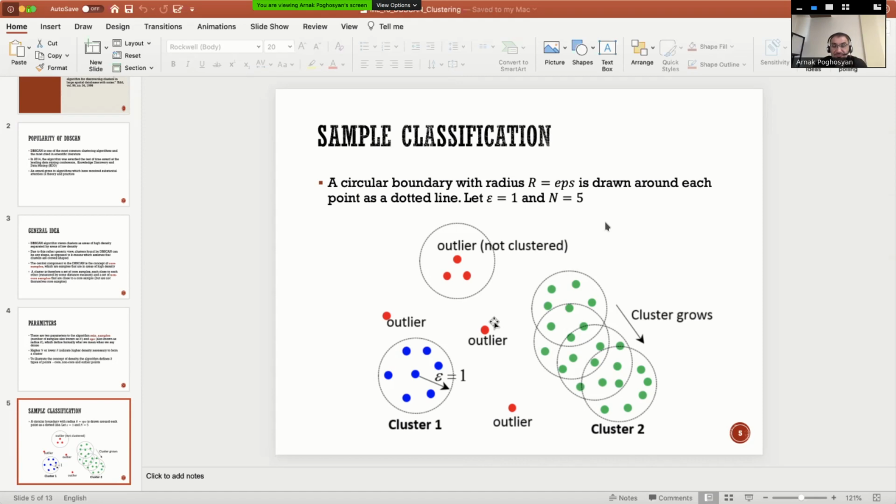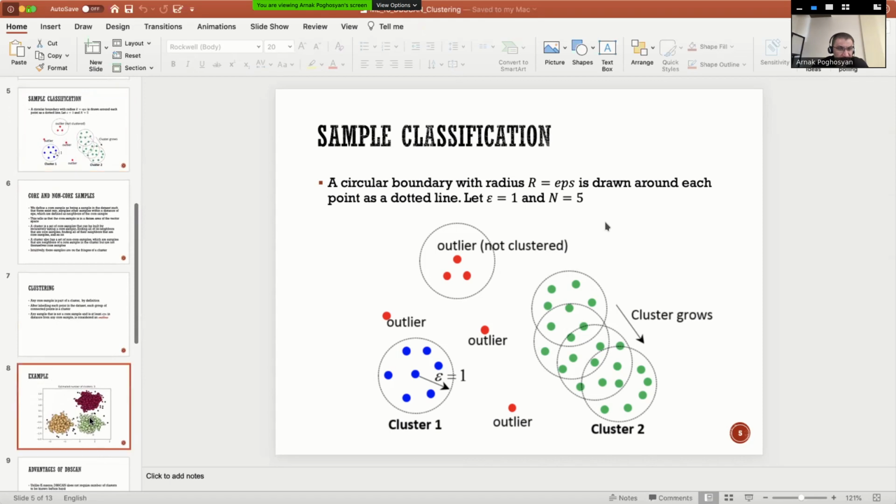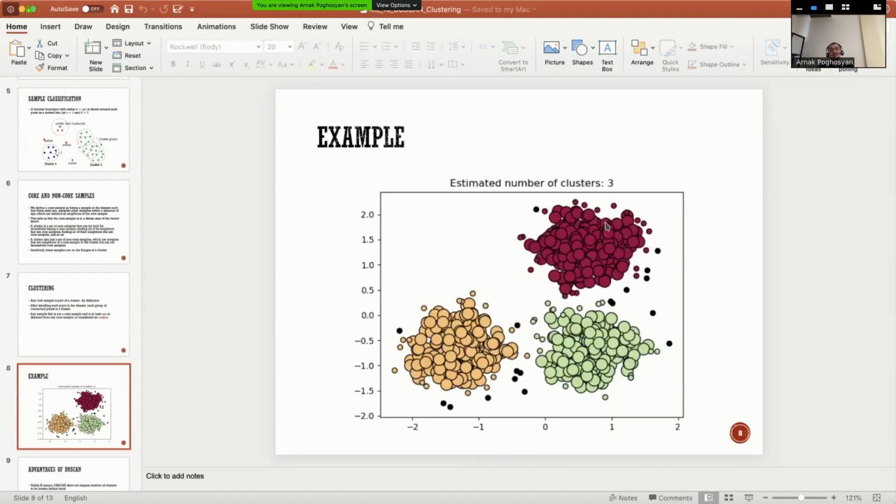And you can find such pictures in the Python codes that I already uploaded. When you are wrongly defining the corresponding numbers for parameters, you end up with wrong pictures. You can look at this example. We have 3 different clusters, and you see these black points. Black points are our outliers because they are coming from a sparse region.